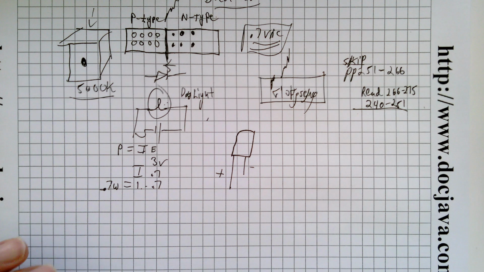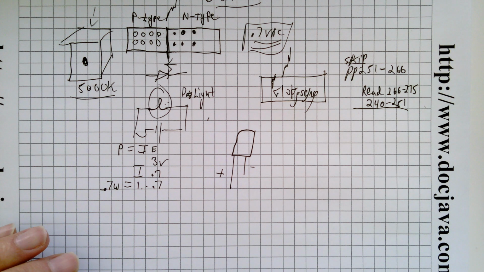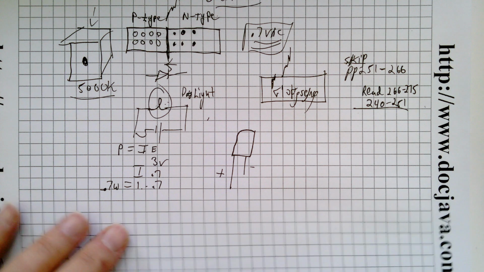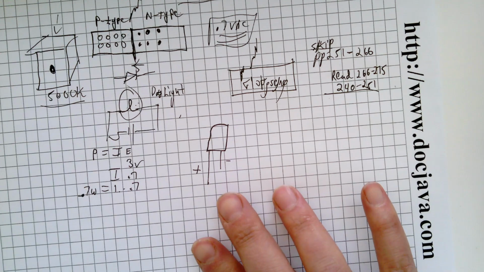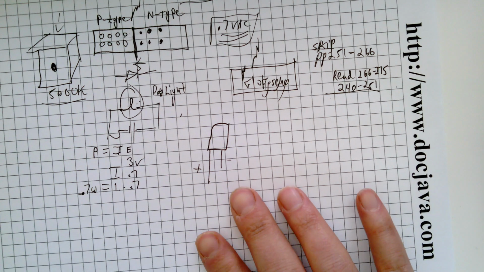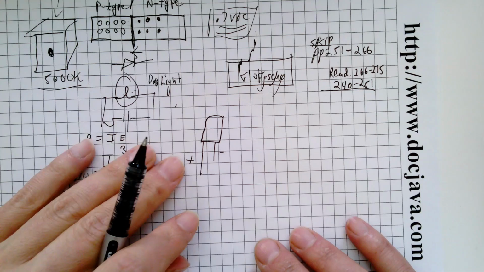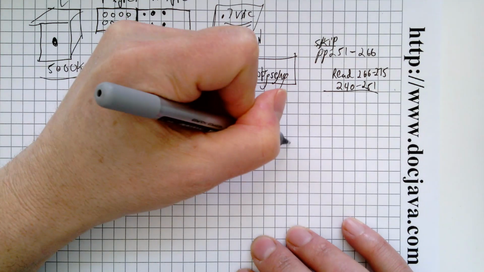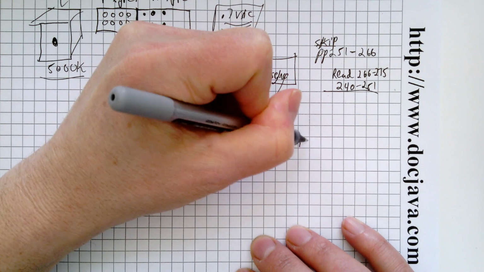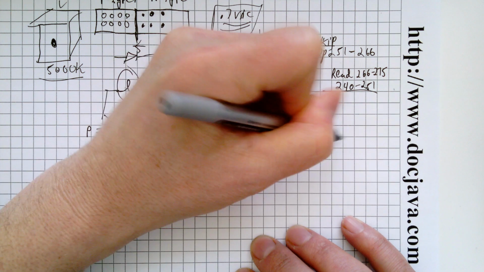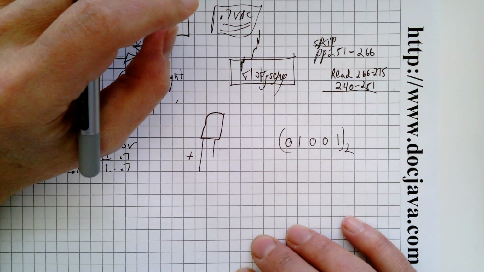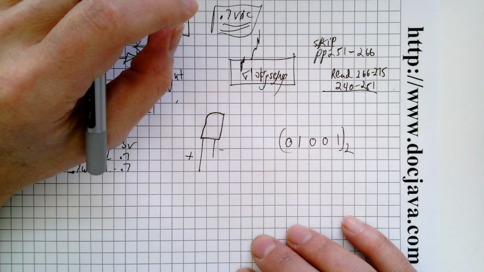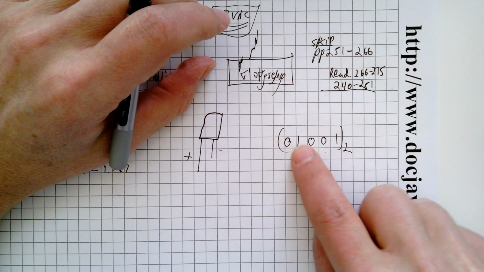Number 16. So number 16 says 0, 1, 0, 0, 1, base 2. And you have a 5-bit binary number here, 1, 2, 3, 4, 5.